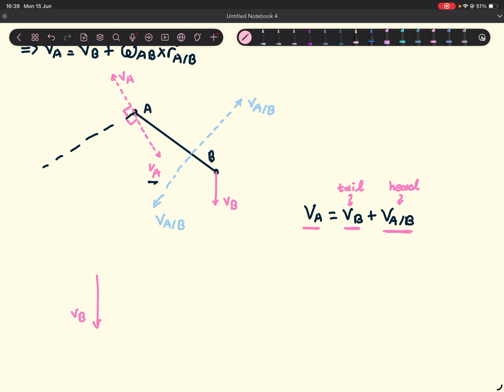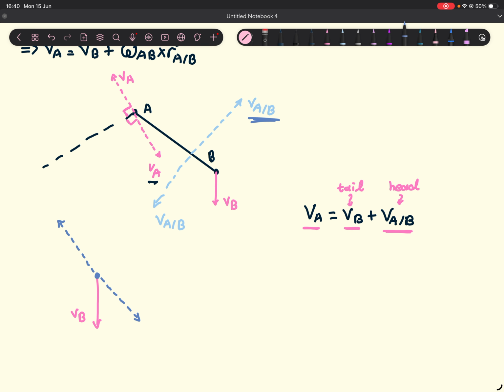So VA is going to start here, and depending on VA relative to B, it must end at the head of that vector, right? So what I'm going to do is draw VA, because we said it could either go that way. Let me just draw it at a steeper angle to more closely match our diagram. So it could either go up or it could go down, right? Cool.